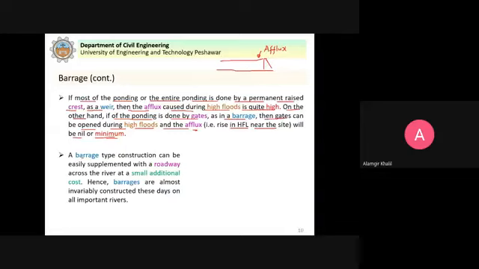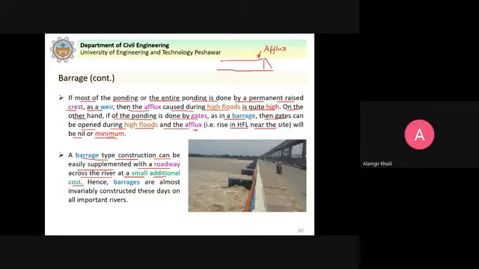So a barrage type construction can be easily supplemented with a roadway across the river at a small additional cost. You can see here in this picture that a barrage type construction can be easily supplemented with a roadway. So this is a roadway.